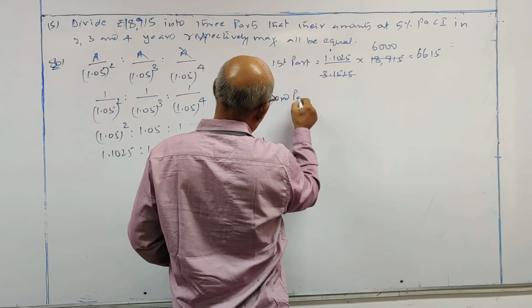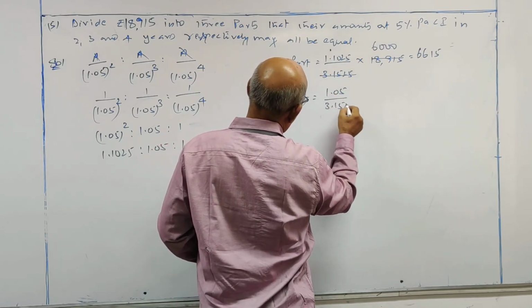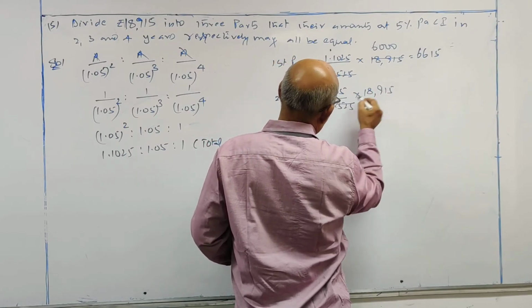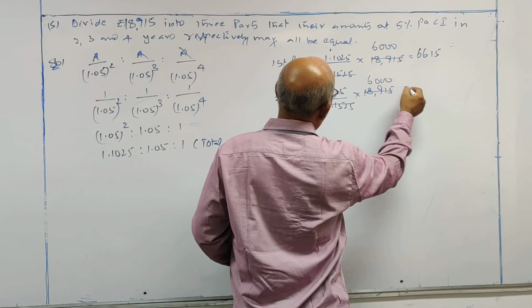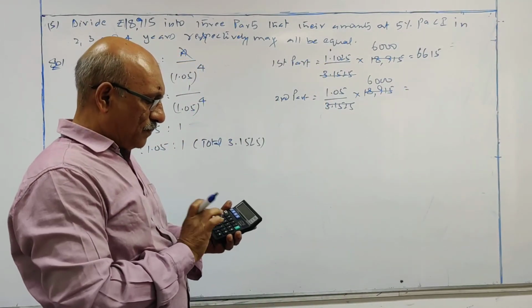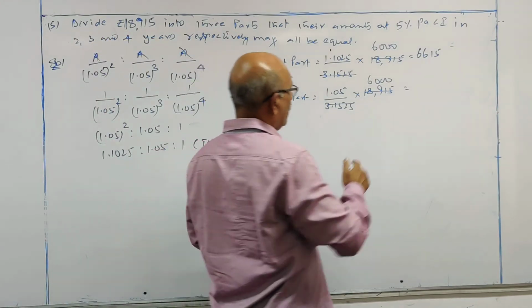Second part is equal to 1.05 by 3.1525 into 18,915. It will go here 6,000 times. 6,000 into 1.05 is 6300.